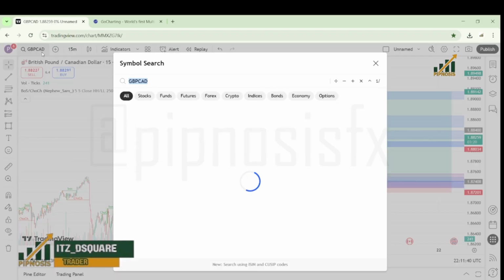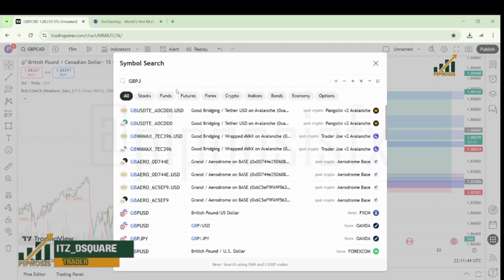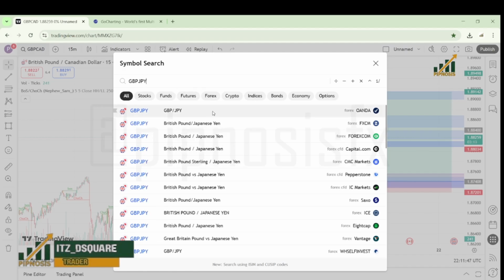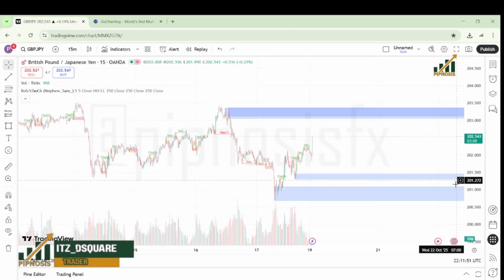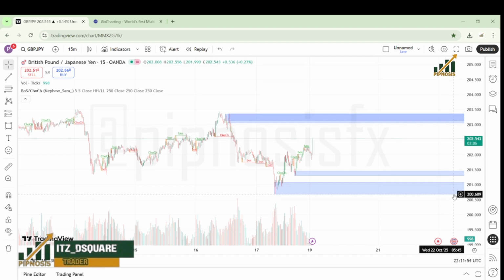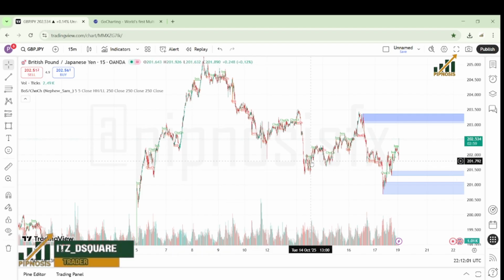I also analyzed the GBP JPY. Was it GBP JPY? Yes, it was GBP JPY.